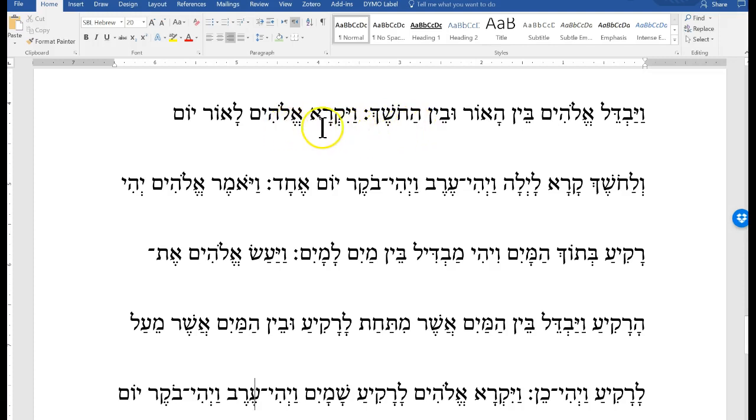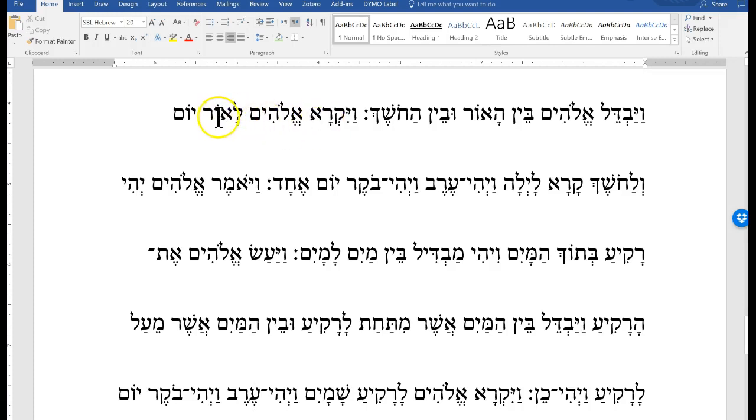Vayikra Elohim, and God called to the light. So whenever you have "to," you learned in vocabulary today that it should be le. But if it's "the light," instead of le with a shevah, you'll lengthen it to a qamets. So that's how you say "to the light."